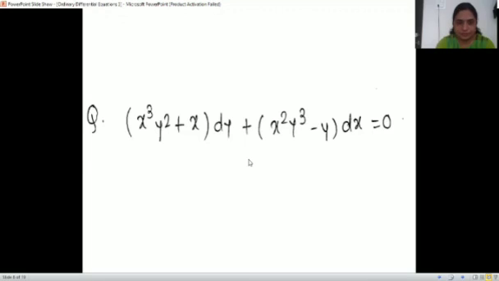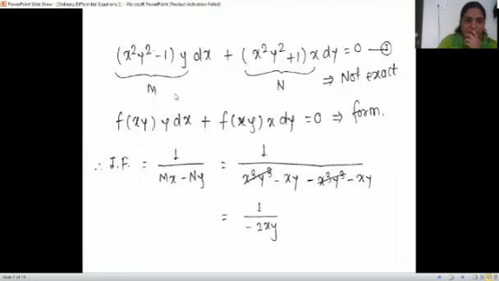So this is the second type of non-homogeneous equation. This is the form, right? So this is f(xy) y dx plus f(xy) x dy. And the integrating factor of such a form is 1/(Mx − Ny).